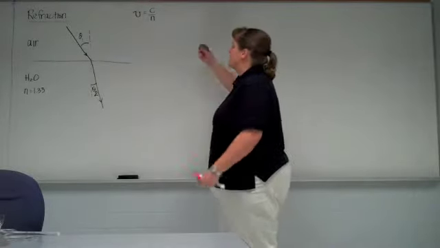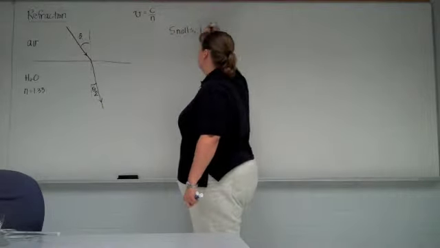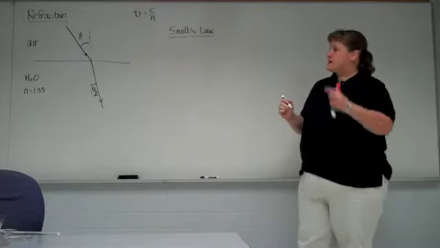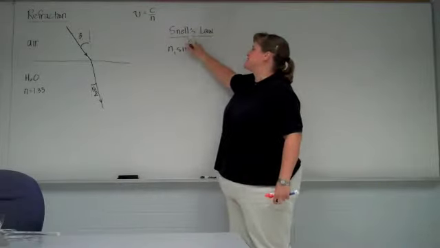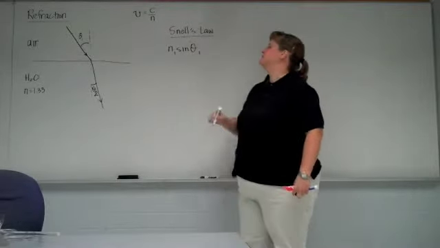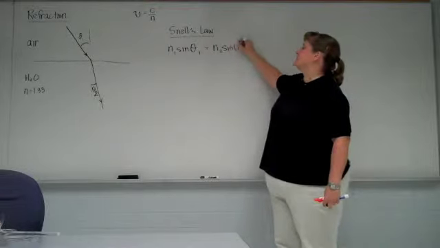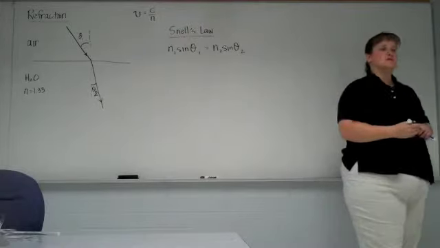We have a nice, easy relationship that relates those angles together. The relationship is called Snell's law. You take the index of refraction times the sine of the incident angle. That has to equal the index of refraction for the second material times the sine of the angle in the second material.